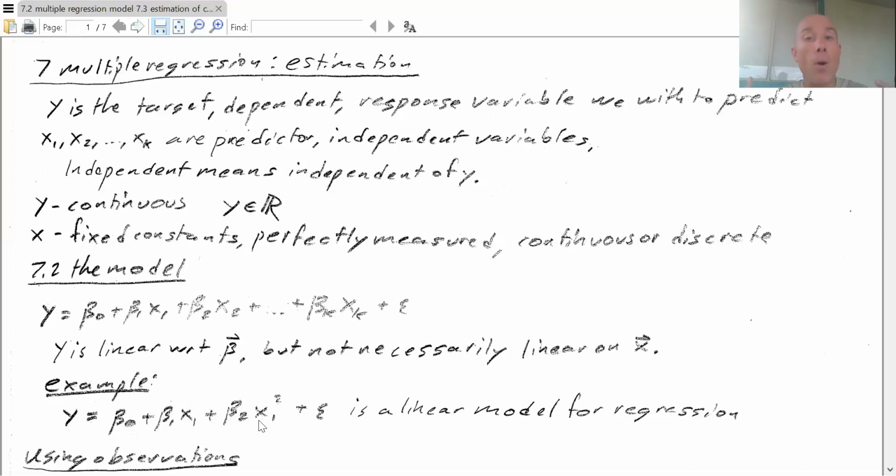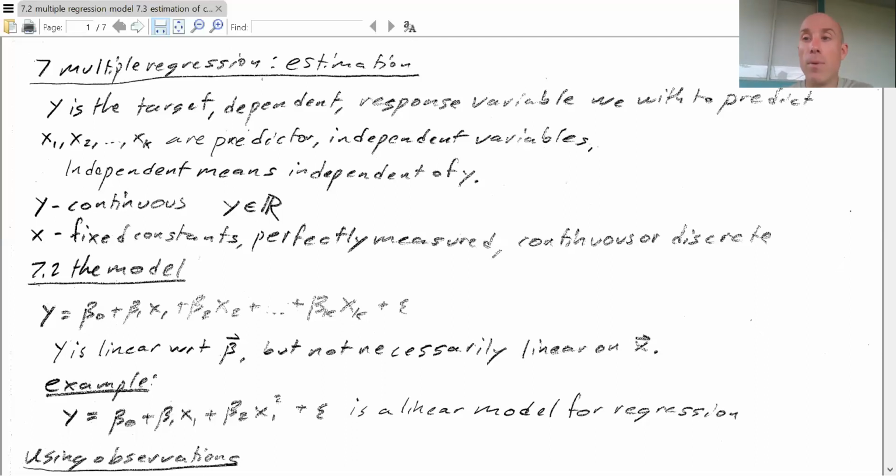Since I can put that onto a matrix, that's okay. It has to be linear with respect to the betas, not with respect to the x's. We can multiply the x's. We can put them through a nonlinear function. We can do anything we want with them, as long as when we're all done, we can represent this with matrix operations. As long as I can do matrix operations to get my model fit, then everything's good.